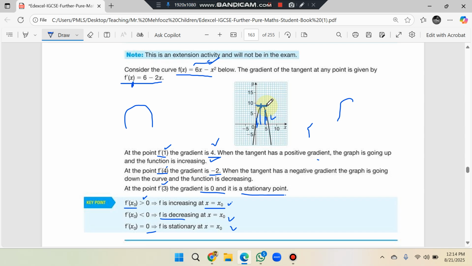This is called the stationary point, and a stationary point has neither a decreasing nor an increasing value. Any problem? You can also see that the stationary point is obtained when we put the first derivative equal to 0.